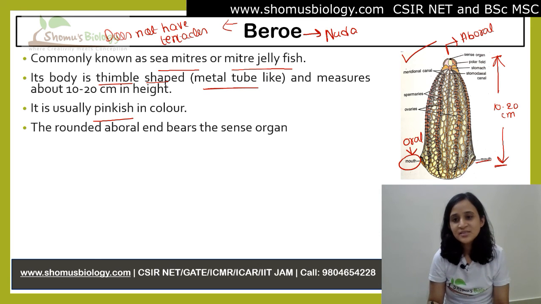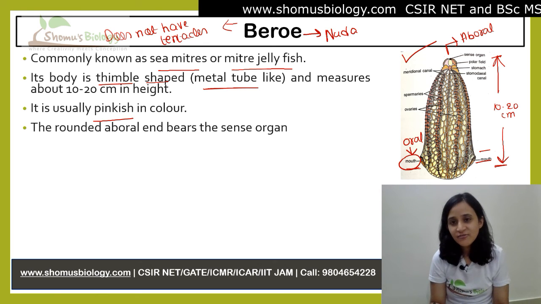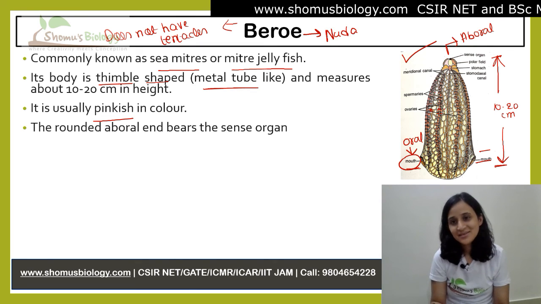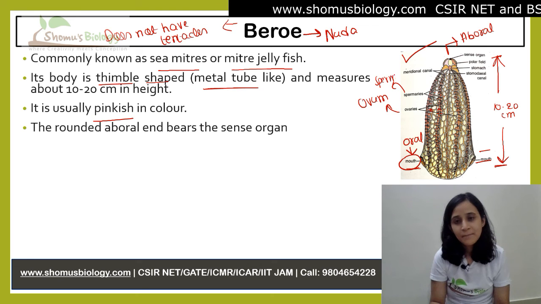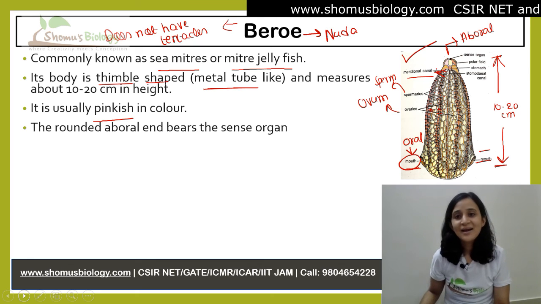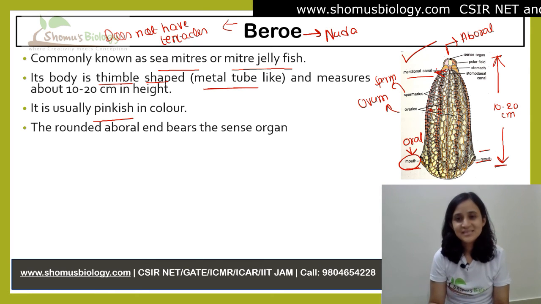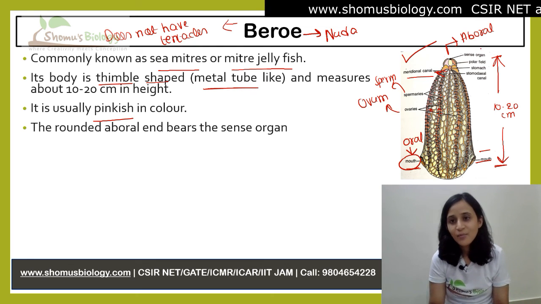Mouth is present in this oral part, and here they have both ovaries and spermaries. From these, ovum and sperm can be formed, and they have meridional canal, because we know that these organisms possess number of canals. And then in the aboral part they have the sense organ.